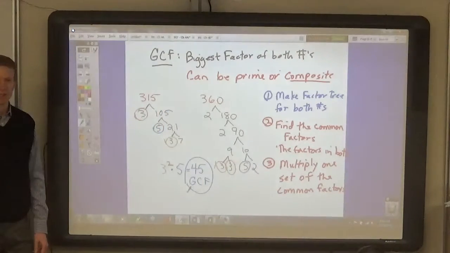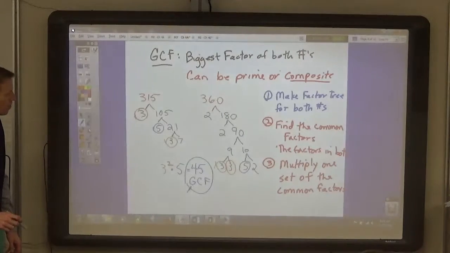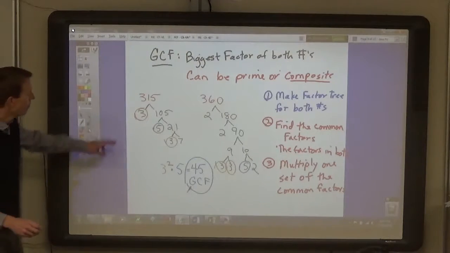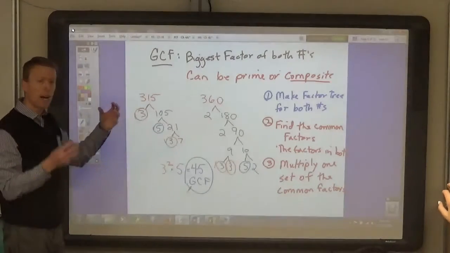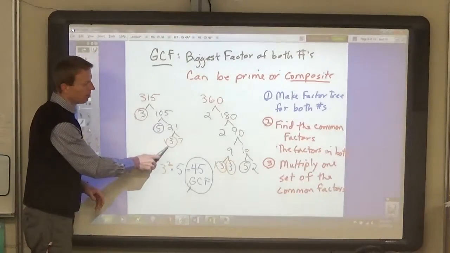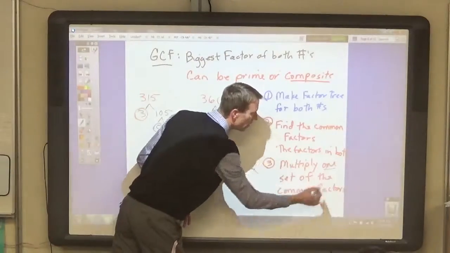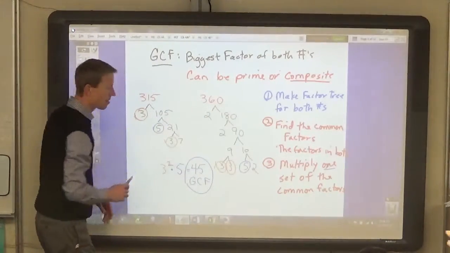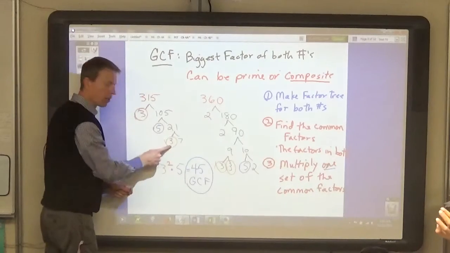Okay? But wouldn't you do 3 to the third power because there's 4 3s? There isn't 4 3s. No, it has to be common in both factors. We use one set. There's 2 sets of these numbers, isn't there?